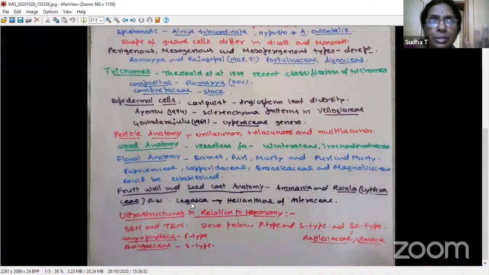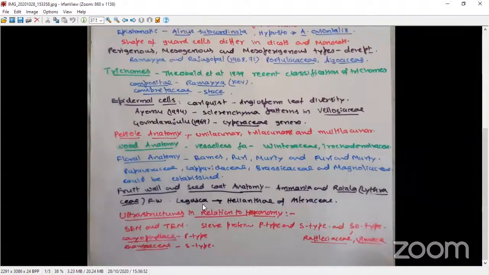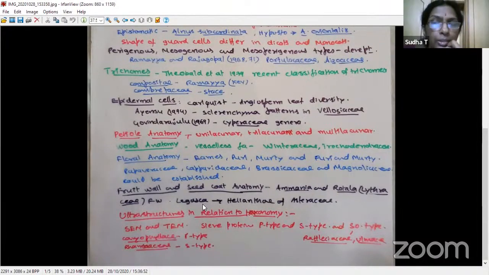Helianthus has a heterogamous head, having disc florets and ray florets. Members with that kind of head inflorescence are kept in a tribe called Heliantheae. Legasca has only disc florets, but still it is kept in Heliantheae because the seed coat anatomy is similar.